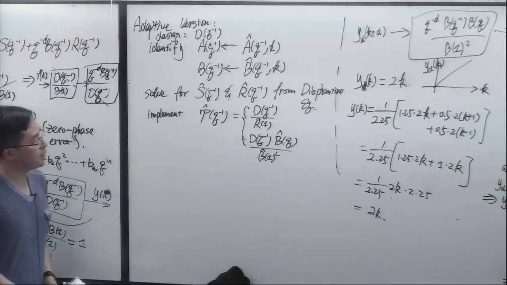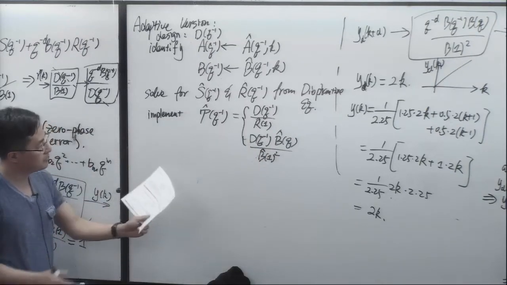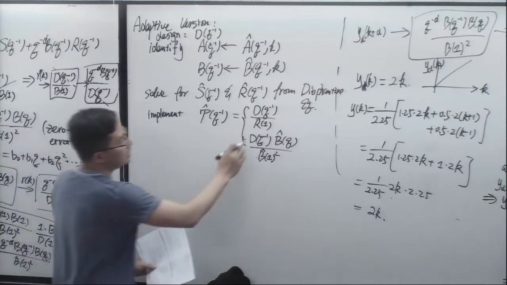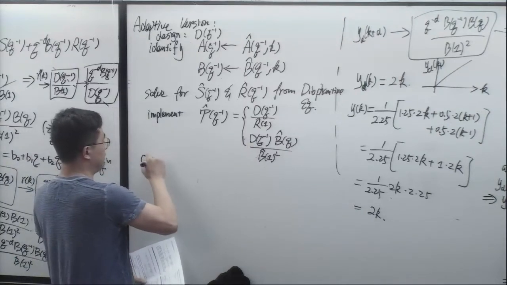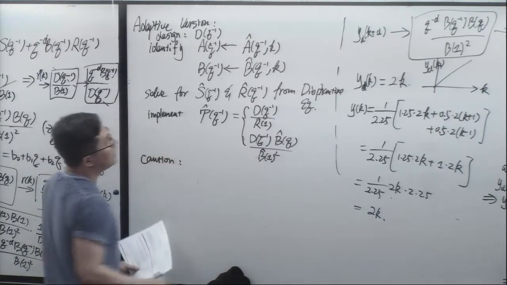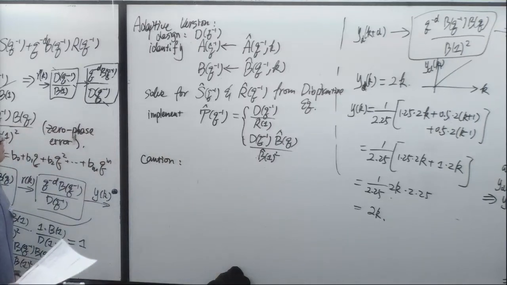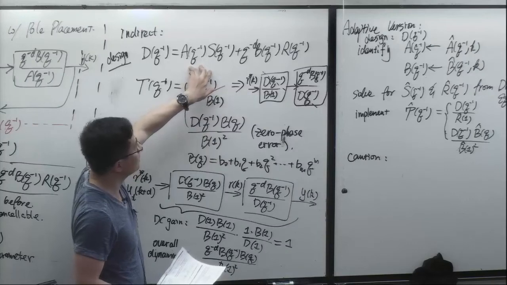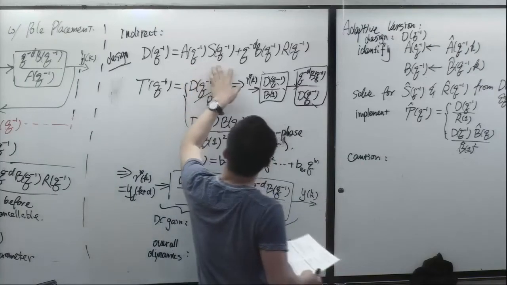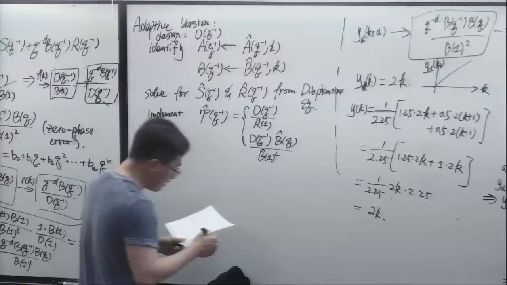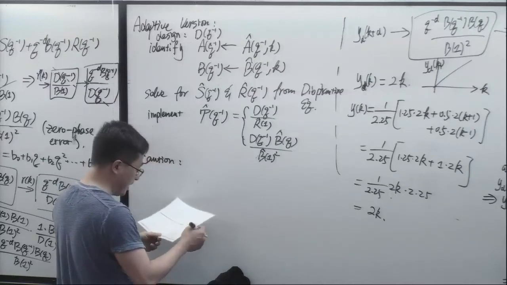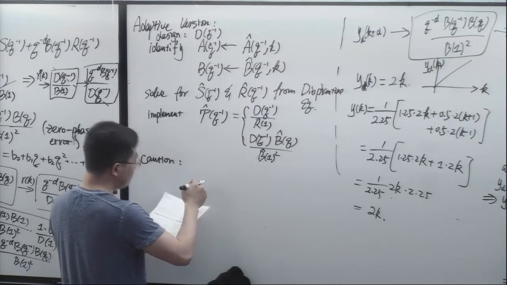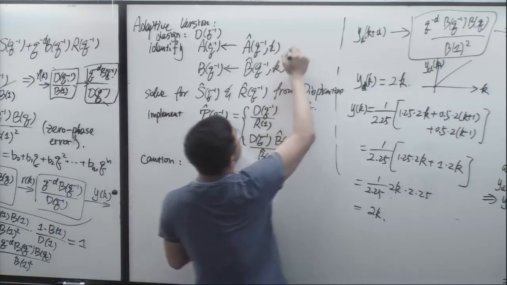That's the general picture. Now, in practice, just to be a little careful, so caution, it's about the orders of the controller that you need to select. All right? So whenever you see the Diophantine equation, be a little bit careful about the orders of the equation.